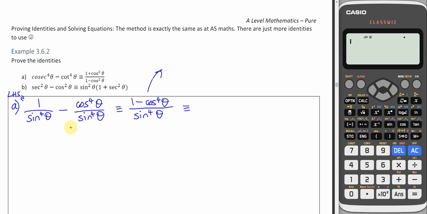Using a difference of two squares, which helps us factorize things like a squared minus b squared, becomes a minus b times a plus b. So here I've got 1 squared, take away cos squared, squared. So 1 and cos squared theta are my a and b.